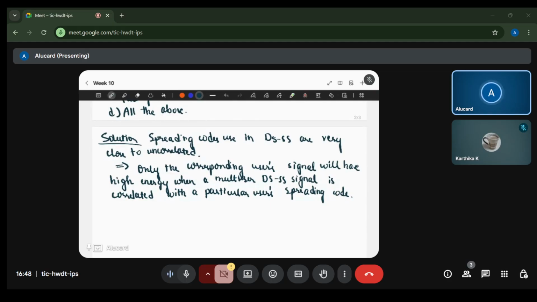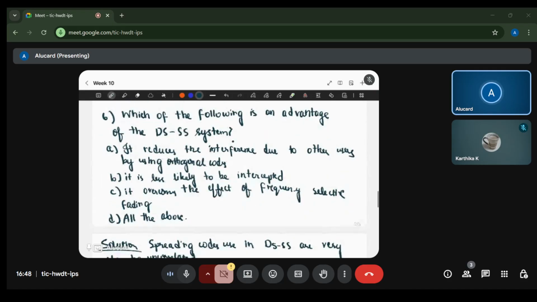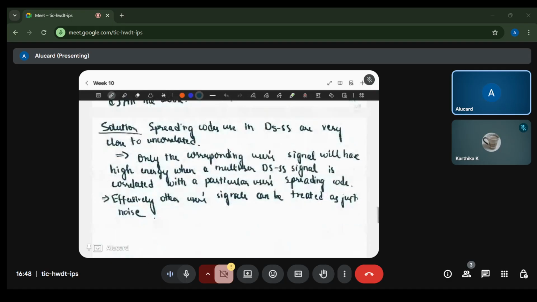So effectively, other users' signals can be treated as noise. So that should answer your first option.